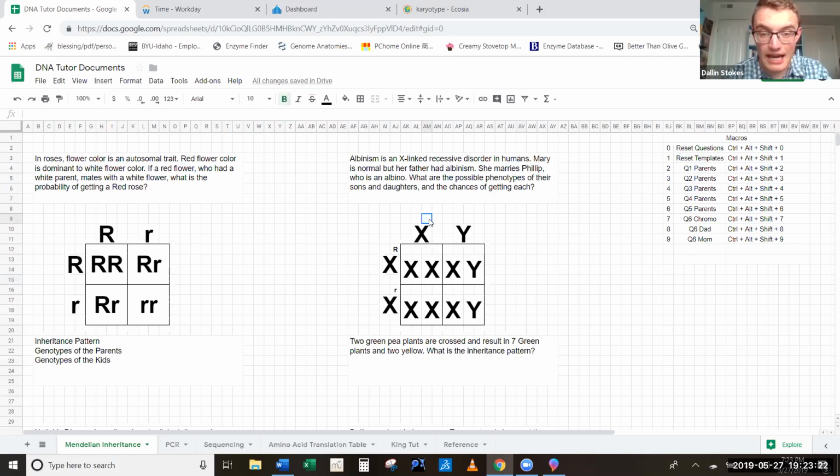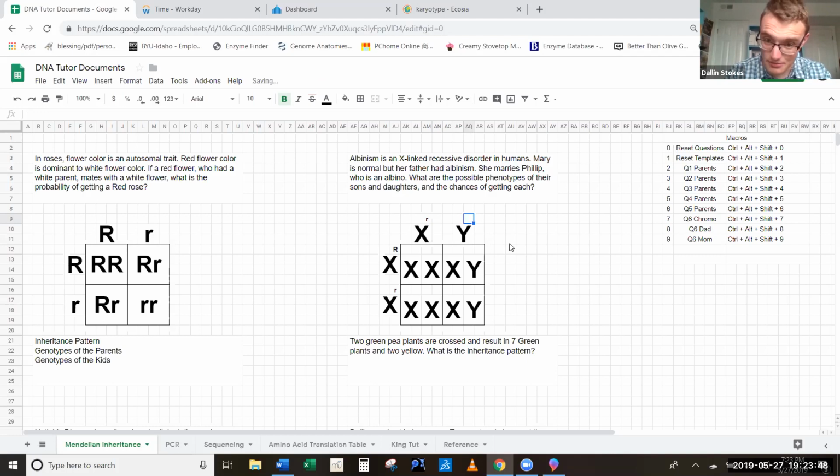So he is going to have the albinism trait here, and I'm not going to put a superscript on the Y because the gene is not there. Let me repeat that. I am not going to put a superscript on the Y because the gene is not there. This is incorrect because this implies that the Y chromosome has the little r gene, and that's not true.